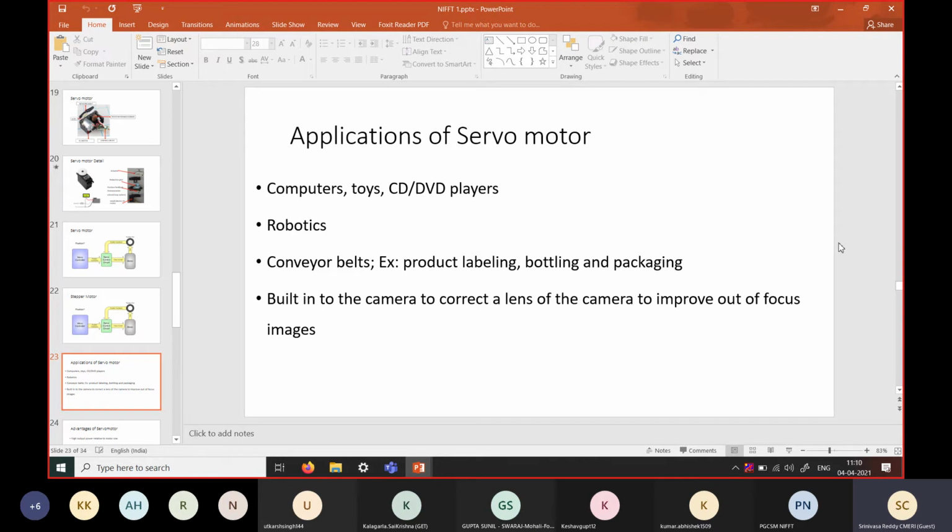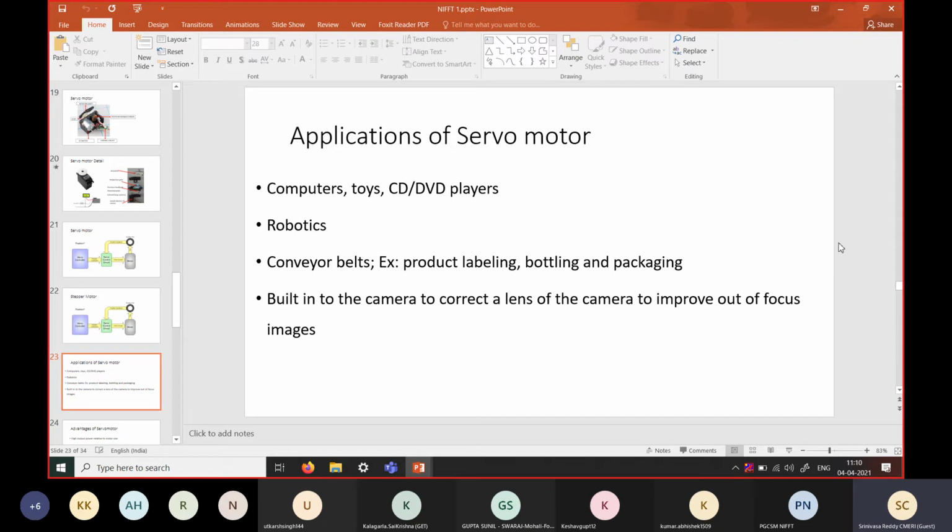It is also used in industries like conveyor belts, product labeling, where the conveyor belt has to move sometimes continuously, sometimes discretely, where it will move one step and stop, move one step and stop, while different activities are carried out like labeling, bottling, and packaging.